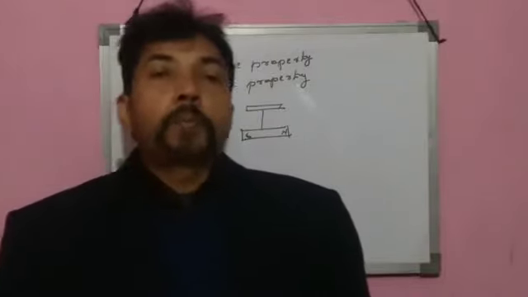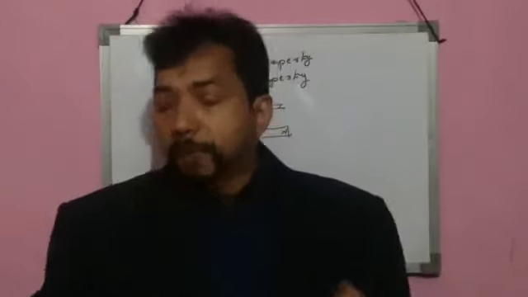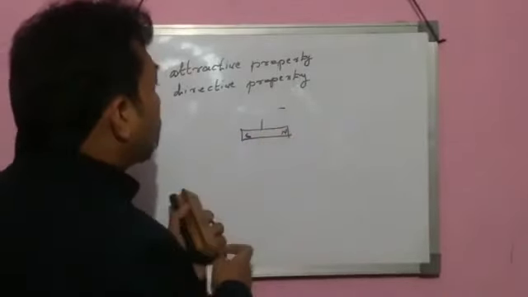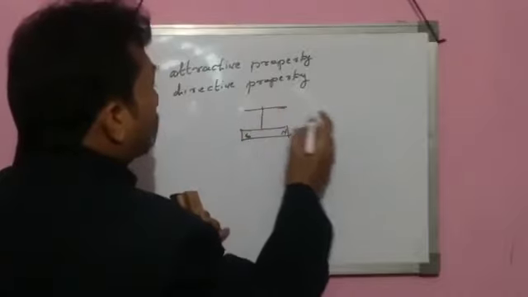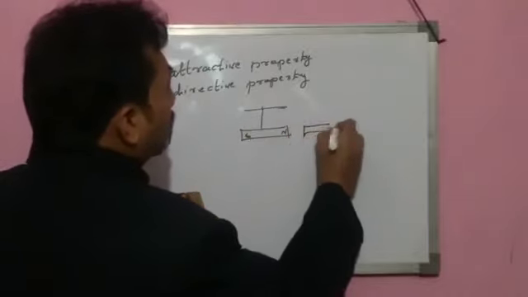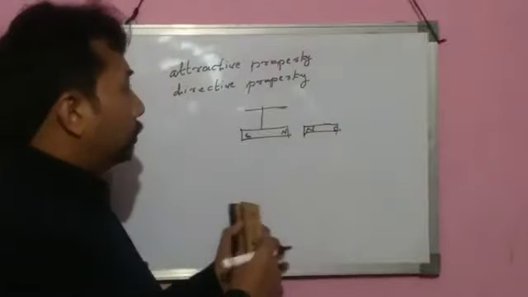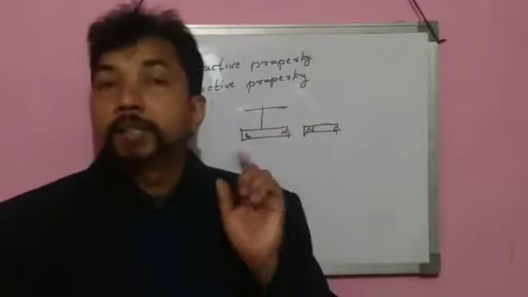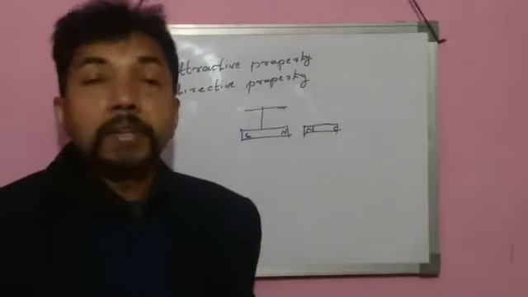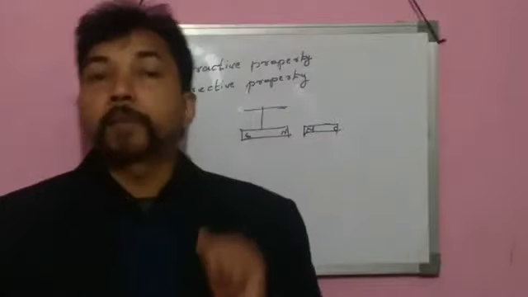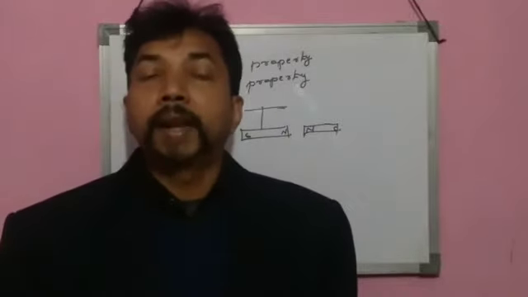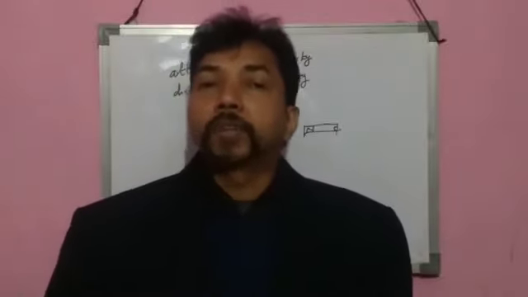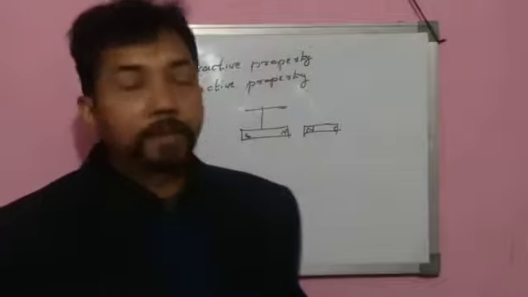Now the next property: if you bring the north pole of a magnet near the north pole of another magnet, they will move away from each other. That is called repulsion. North pole and north pole are like poles, and south pole and south pole are like poles. Like poles repel each other.